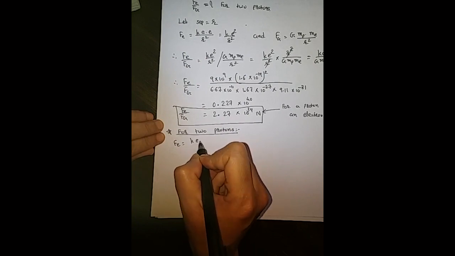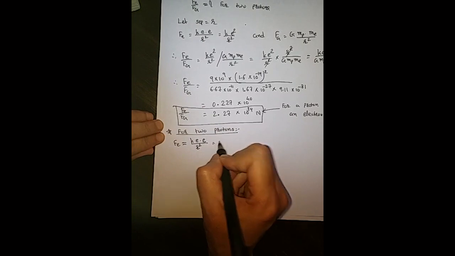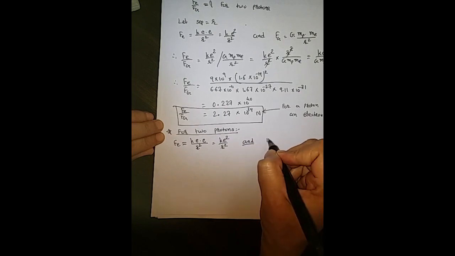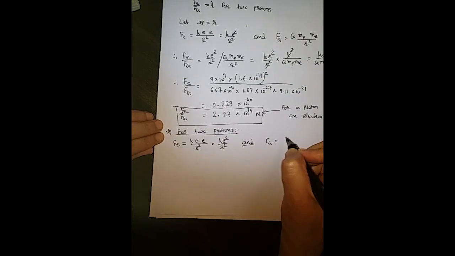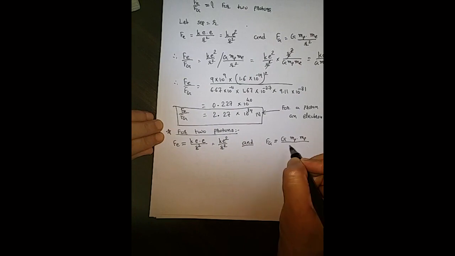Charge of one proton is E, charge of another proton is also E, separation is R. That will give me Ke square upon r square. And Fg is G, mass of proton, again mass of proton because we are considering two protons, separated by distance r square.